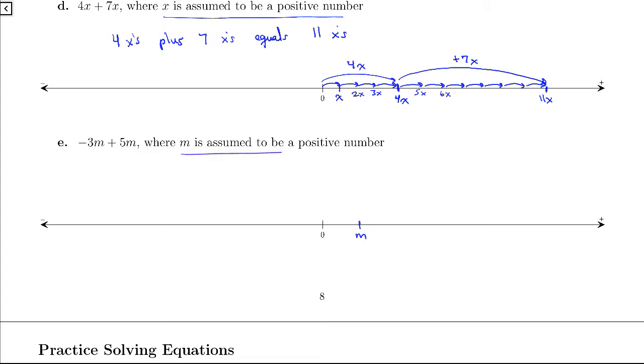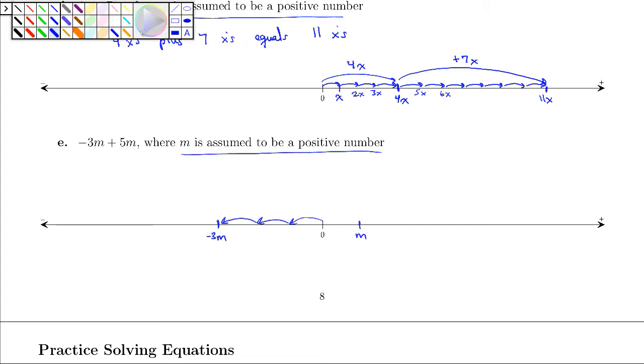I'm going to start with negative 3 m's. So there's negative 1m, negative 2m, negative 3m. Okay? And now I'm going to add 5 m's to that.